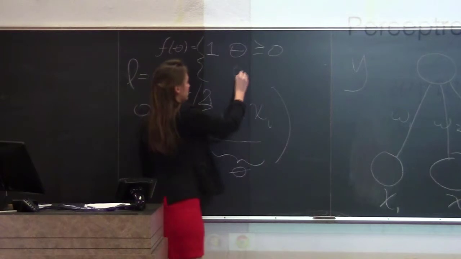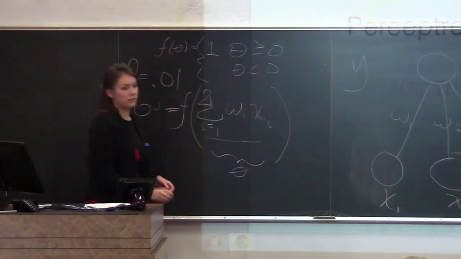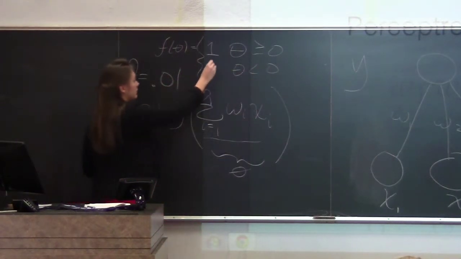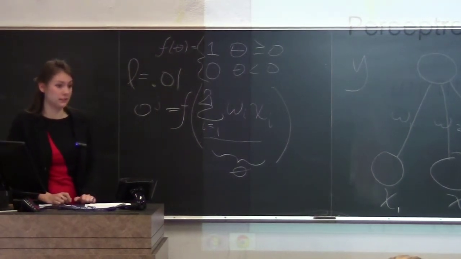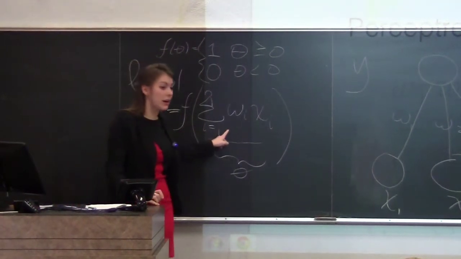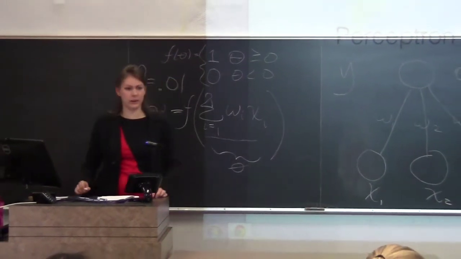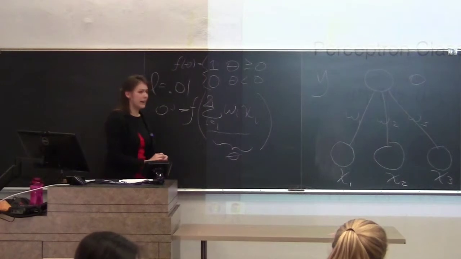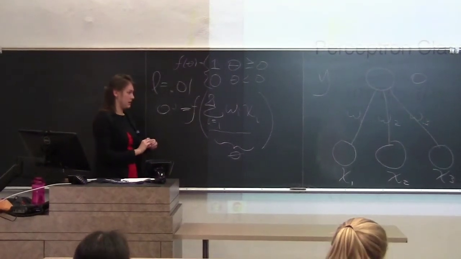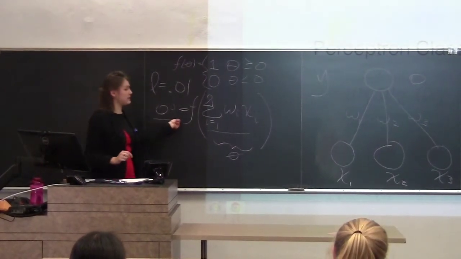What if theta is less than 0? What's f of theta? 0. All right, so now our output has become either a 1 or a 0, okay? Because this may not always be 1 or 0 if our learning rate's really small, right? If it's 0.01, we're not going to necessarily have sums that are 1s and 0s. Okay, so now we have this output.